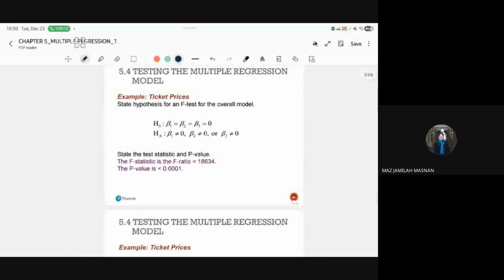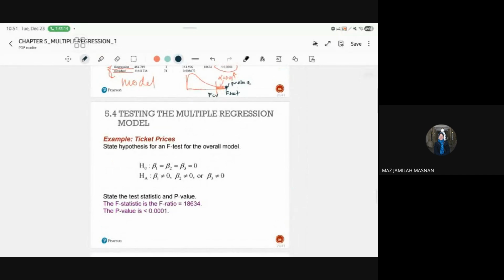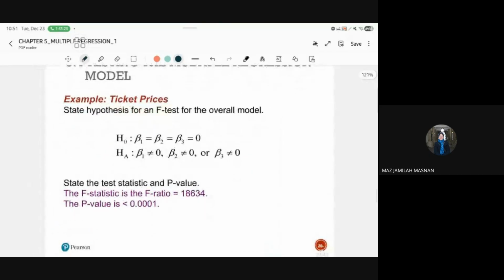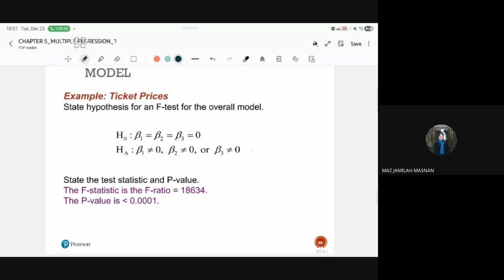So in this case, if we test the coefficient values for beta 1, beta 2, beta 3, I'm not really keen on the way this is written.